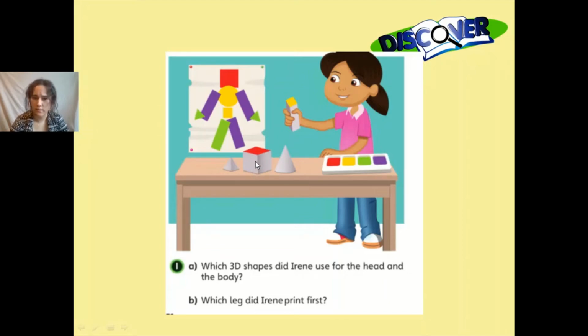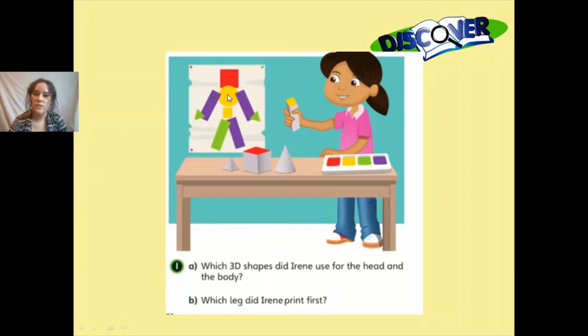It might have been that. Or it could have been the square face of the cuboid. But if I look at the face, I can see it's a big square. And the biggest square face of all of these 3D shapes was the cube, so that must be the one that Irene used to make her face.